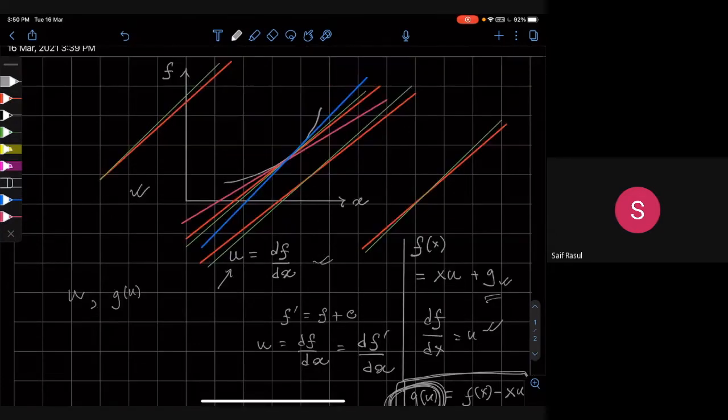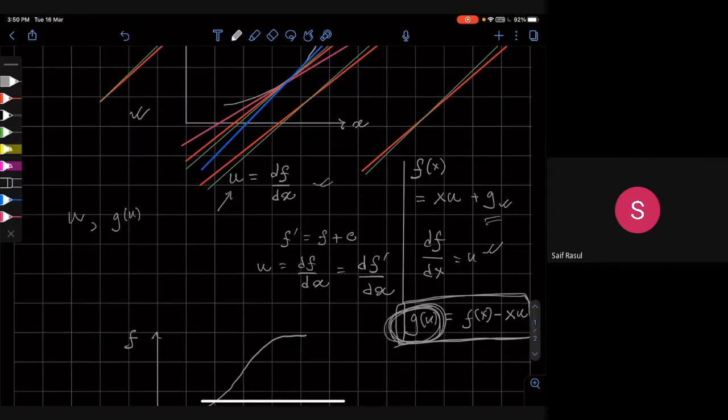Okay, so this is essentially what the Legendre transformation means: you can reconstruct a function if I give you all the tangent lines to it, all the slopes of all the tangent lines, plus where these tangent lines intersect the y-axis.